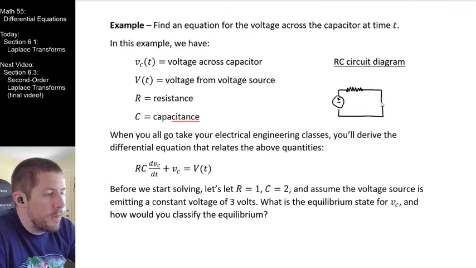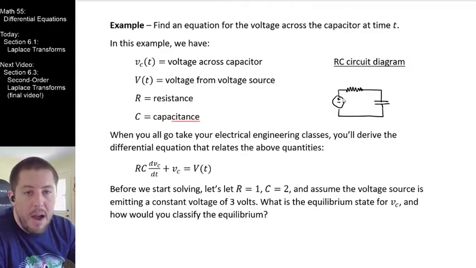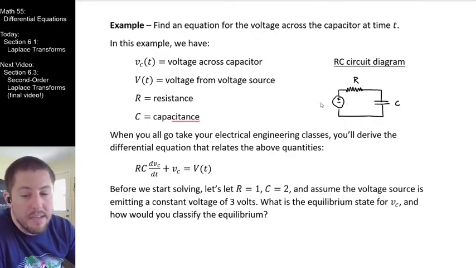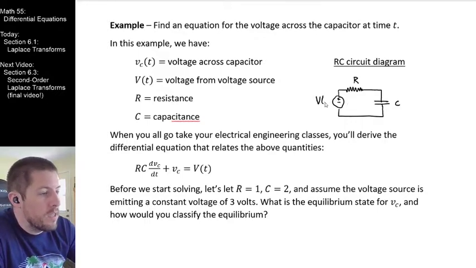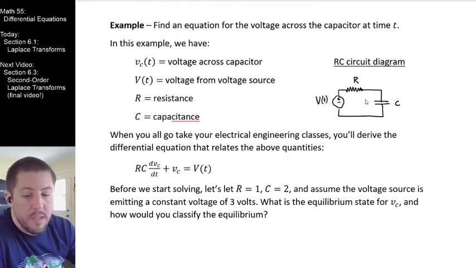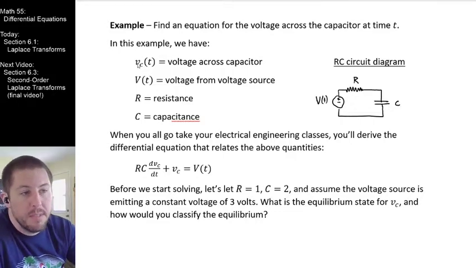And it's going to lead to the capacitor on the other side over here. Our goal is to say, given how much voltage is coming out of the battery that's crossing the resistor, how much voltage is going to end up crossing the capacitor right there. So this is our V of t right there. And what we want to know is what is the voltage crossing the capacitor. That's our V sub c of t. So we want to find this.